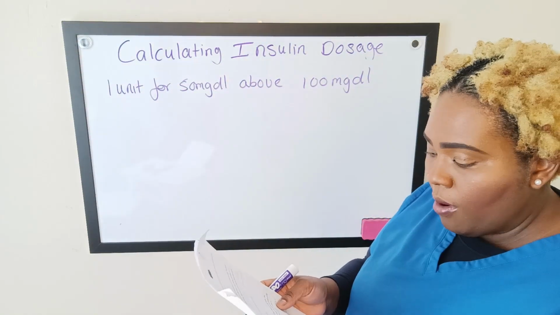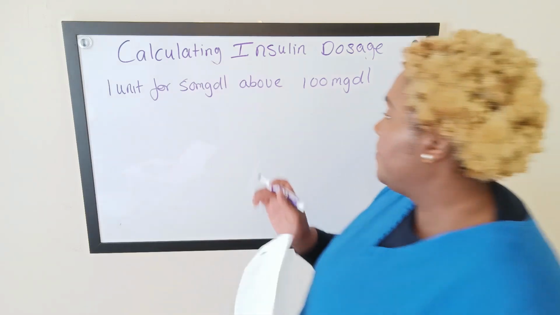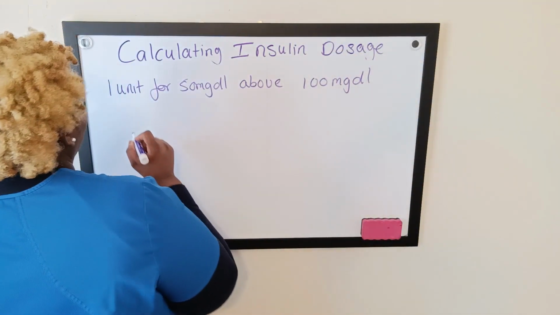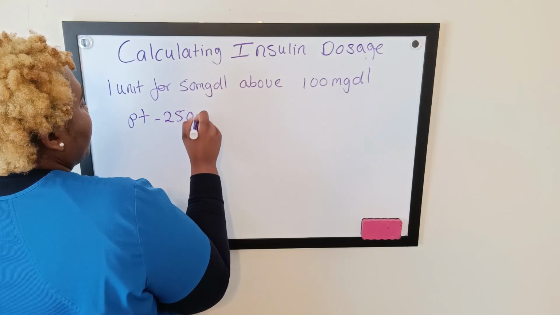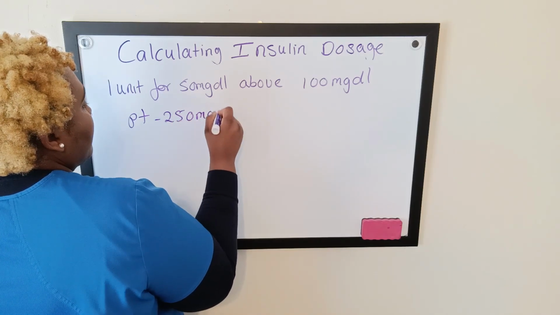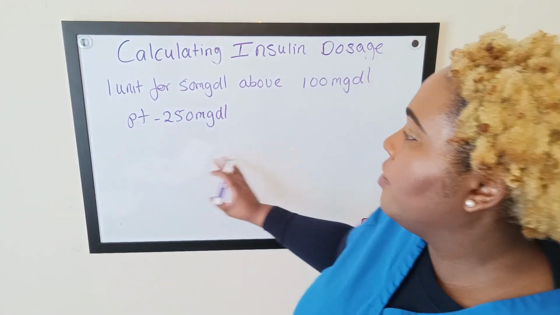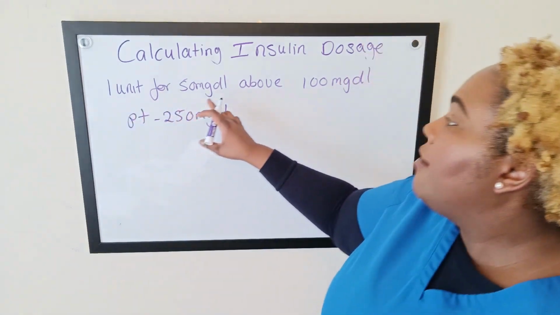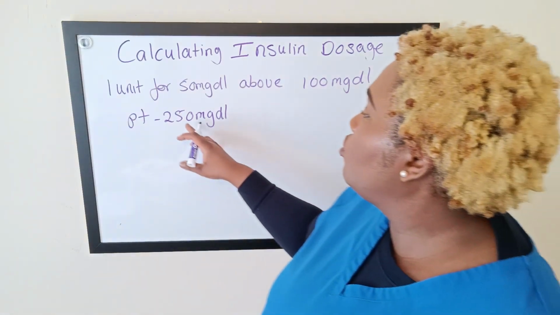So our patient's blood glucose right now is 250. How do we break this down for us to understand? We know we have to give 1 unit for every 50 above 100. Our patient is 250.